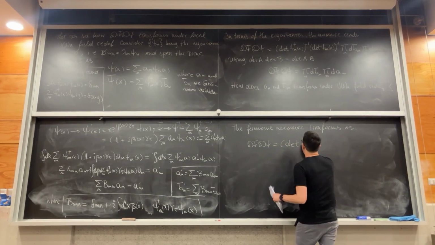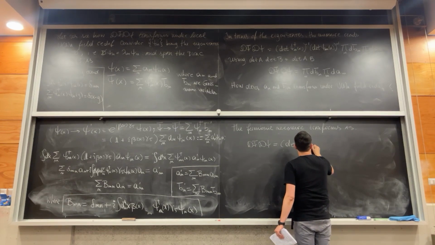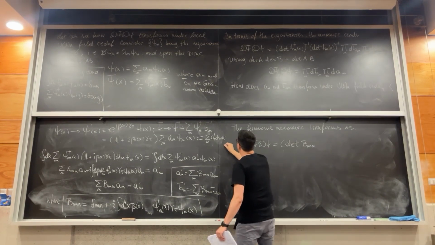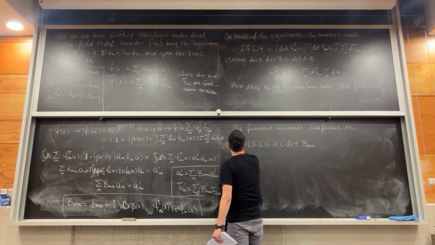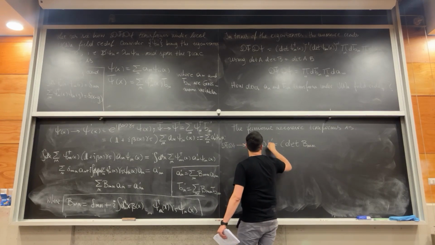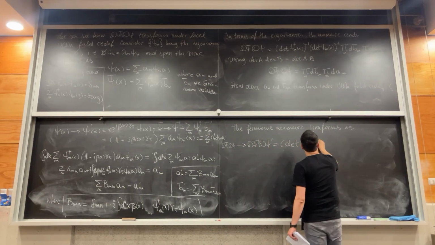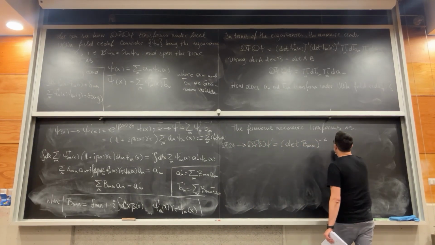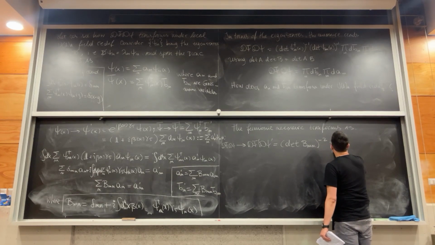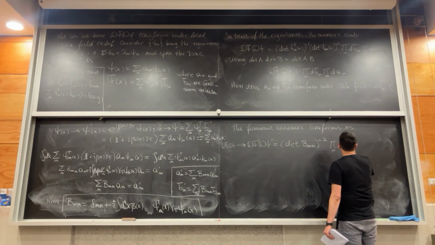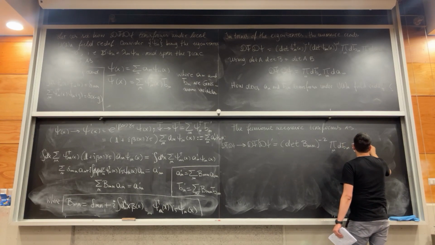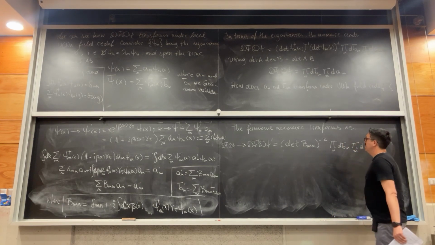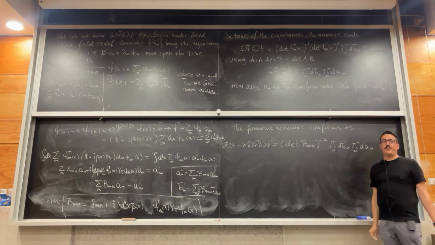So this can be written in this way. This goes to prime to the minus 2. And this is what you need to compute.